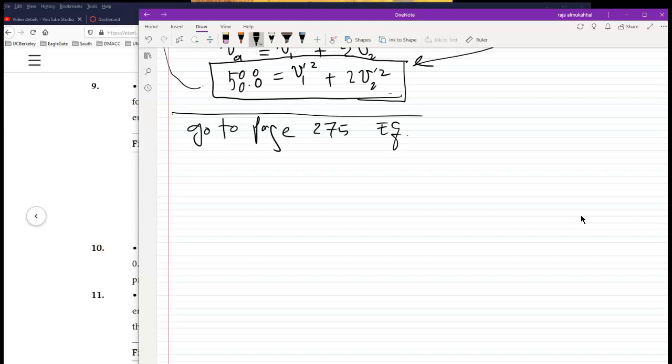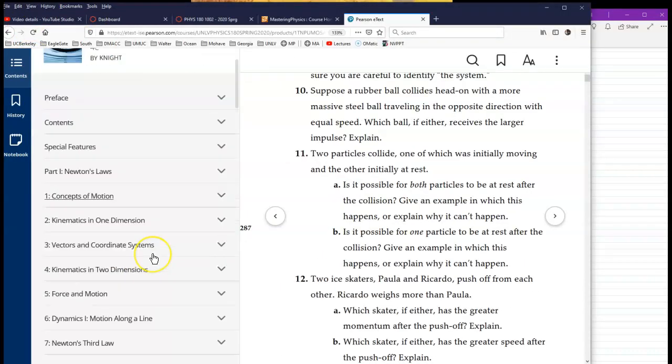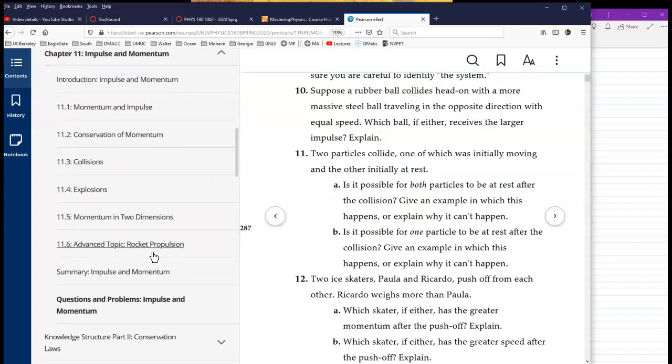Equation 11.29. Let me show it to you. It may take me a little while to fish it out. Chapter 11. What section is that? Section 3.